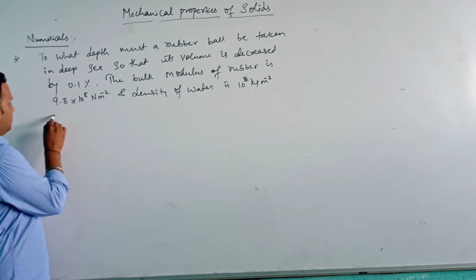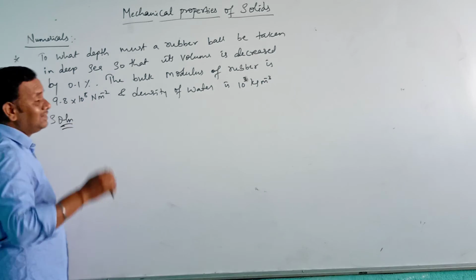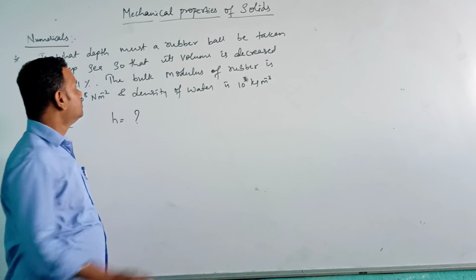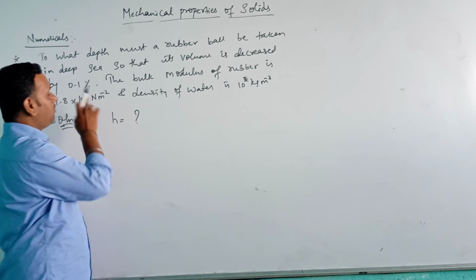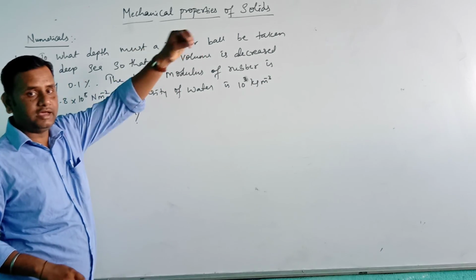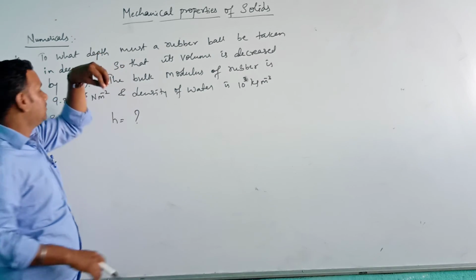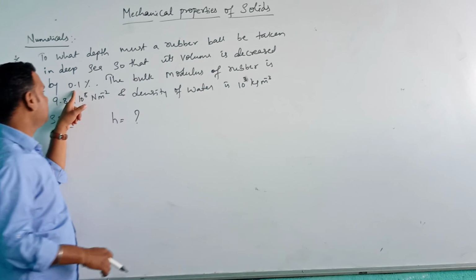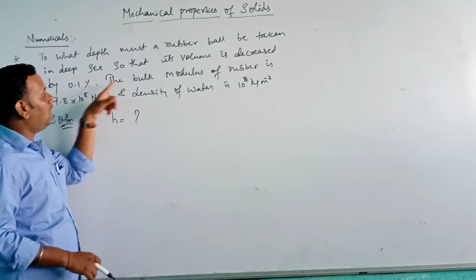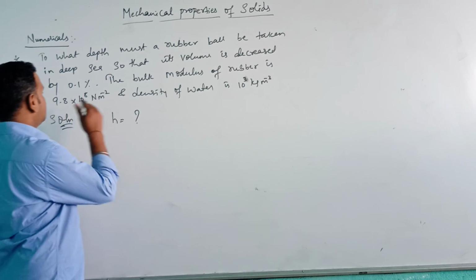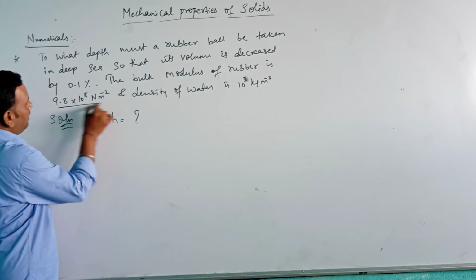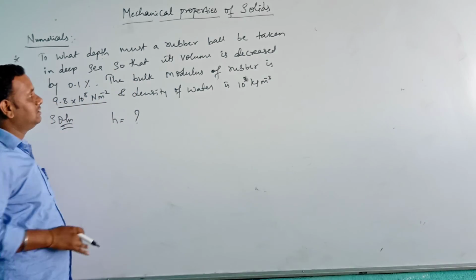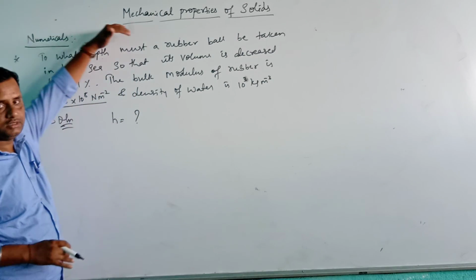That means you have to calculate the depth, that is height. So that its volume is decreased by 0.1%. That means how deep we have to immerse that ball in water so that its volume decreases by 0.1%. And the bulk modulus is given here, that is the K value, and this is the density of the water. Okay, so try this question and anyhow in the next class I will solve this question.